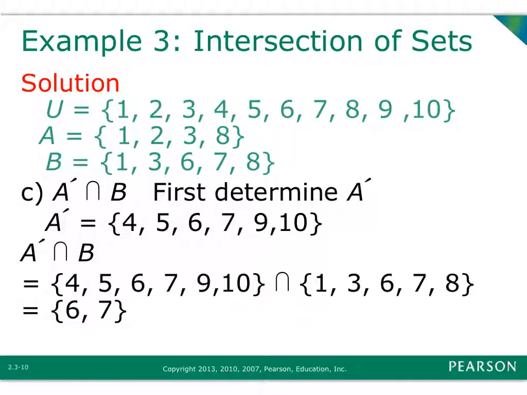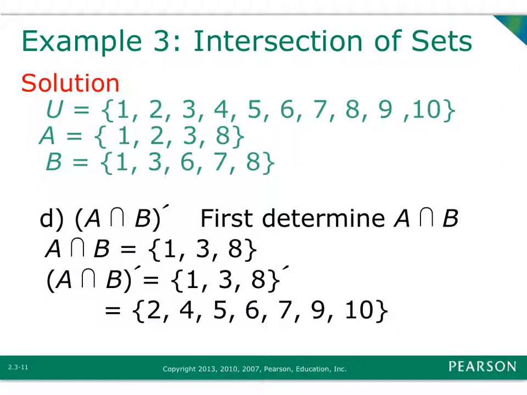And so now the intersection of A prime and B is those numbers that are in common. In this case, we have a 6 and we have a 7. So the intersection is denoted in roster form 6, 7.